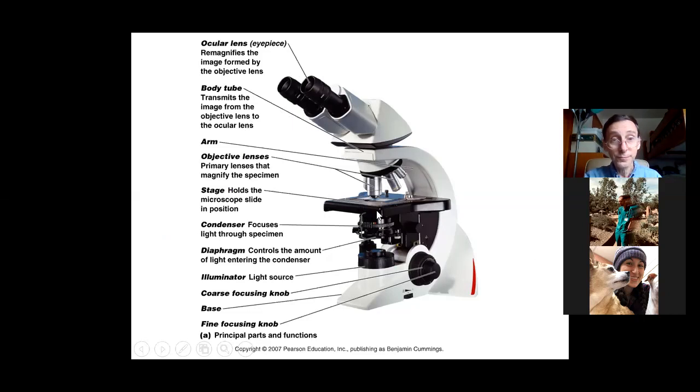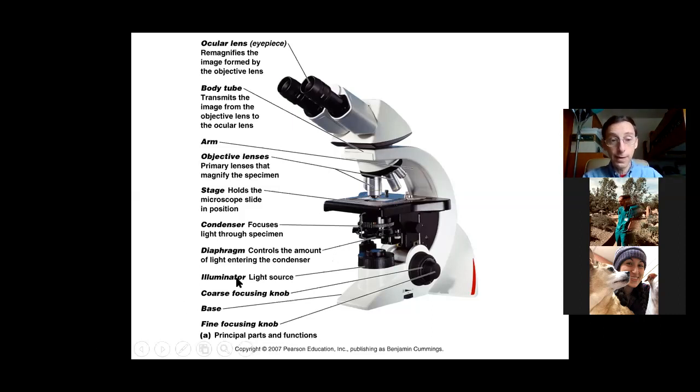The stage, and then there's usually a clip for holding the stage. The condenser, which just focuses the light on the specimen, and then the iris diaphragm that controls the amount of light entering the condenser. And the iris diaphragm is really important on a microscope.